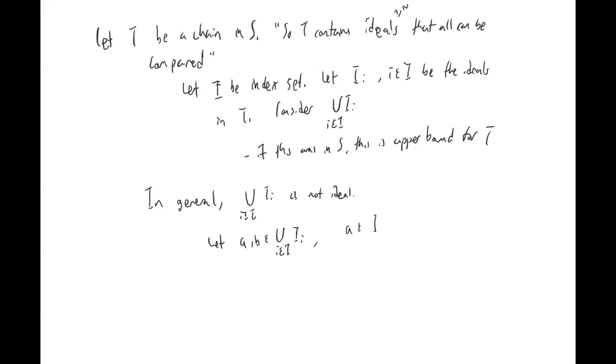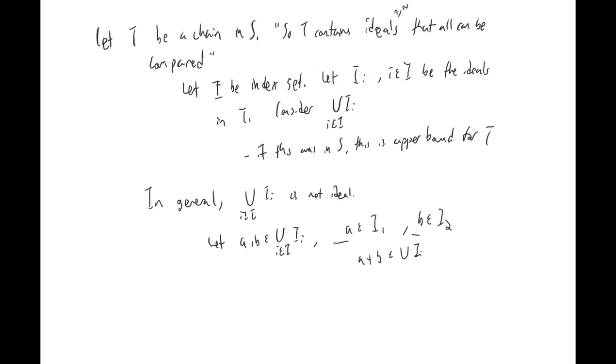A is in some I, let's call it I1, and B is in some I2. Then is it true that A plus B is in the union? Not necessarily, because I don't know how these two interact. They belong to two different ideals. Does everyone see this? Yes or no?